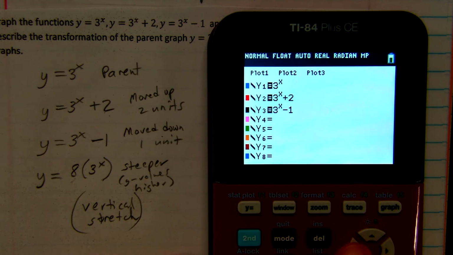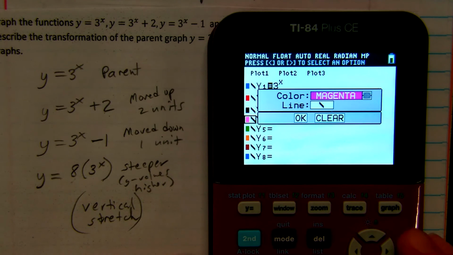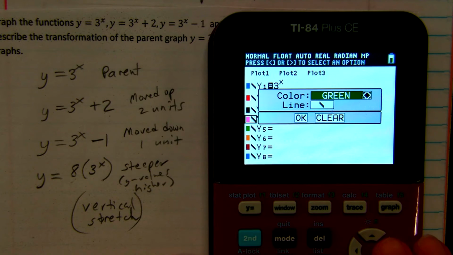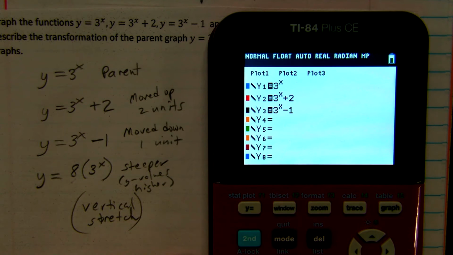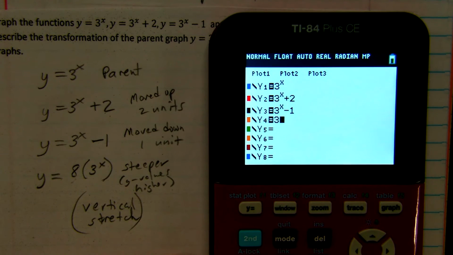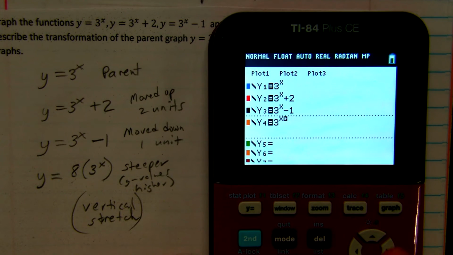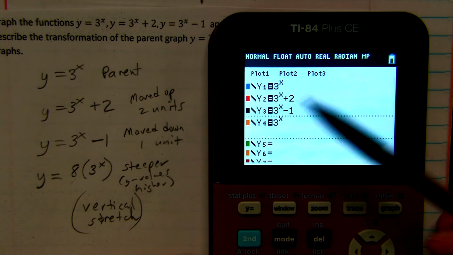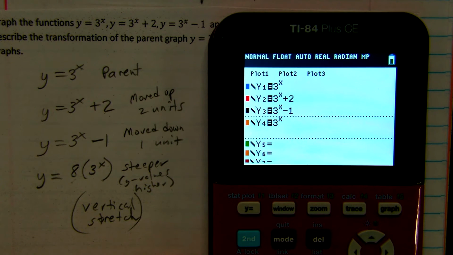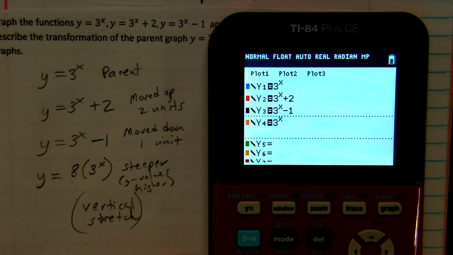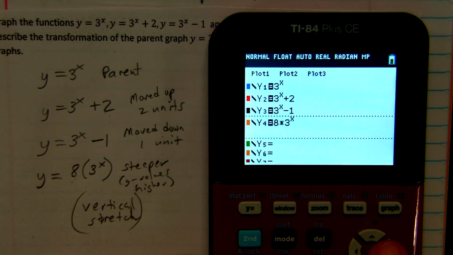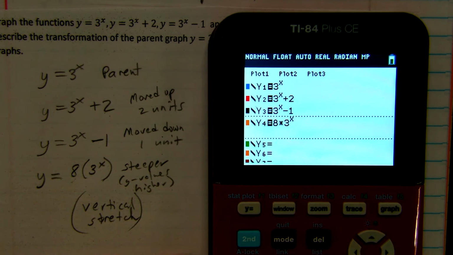And then I can change the color on this. How do I change it though? Orange, that's what I want. Okay, so I'm going to make that one orange, and I'm going to do 8 times 3 to the x. It's supposed to be red and orange. And then, because I'm using colors that I actually have that I can draw in. So I'm going to insert the 8 because I forgot it. Okay, there we go. So we got all of our functions in.